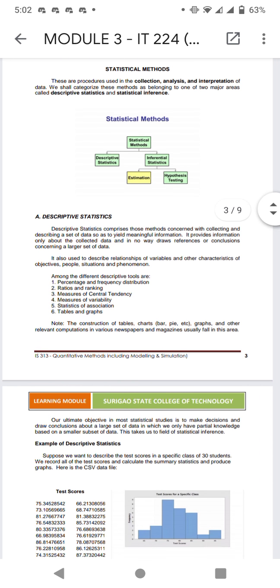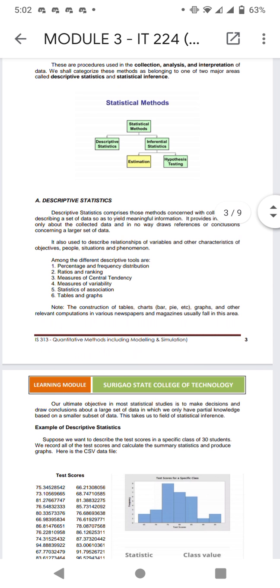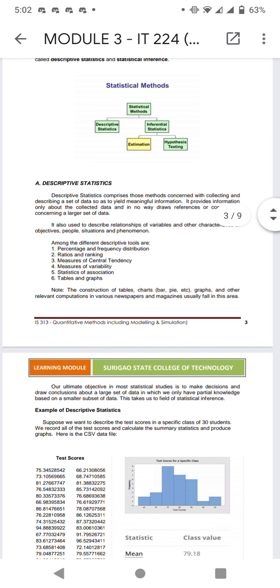Descriptive statistics comprises those methods concerned with collecting and describing a set of data so as to yield meaningful information. It provides information only about the collected data and in no way draws references or conclusions concerning a larger set of data.